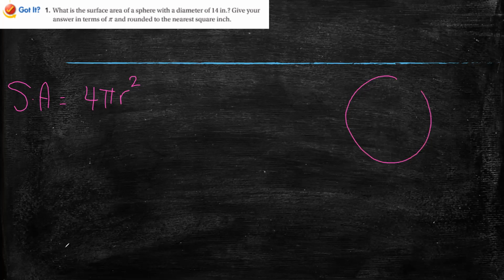Let's have another example. What is the surface area of a sphere if the diameter is 14 inches? Now, let's repeat. The surface area is 4πr². Here we have a sphere and the diameter is 14.